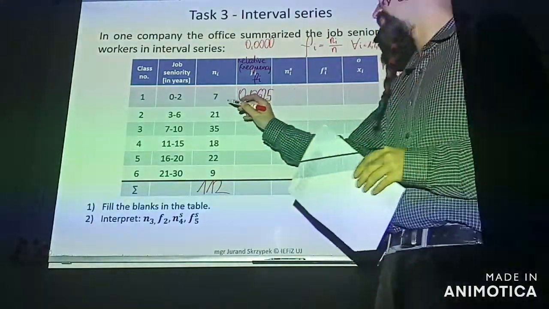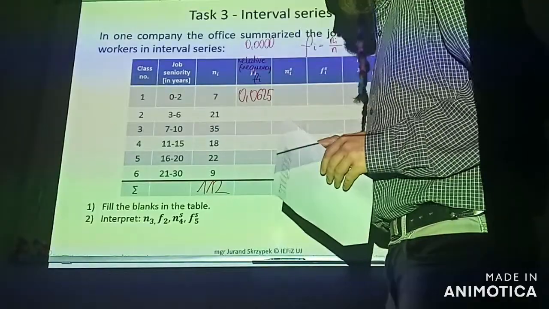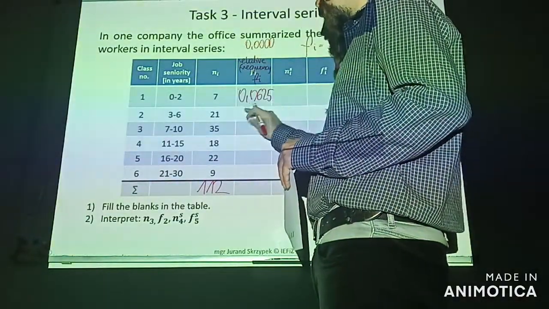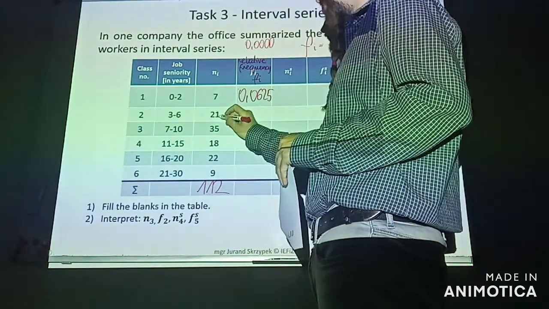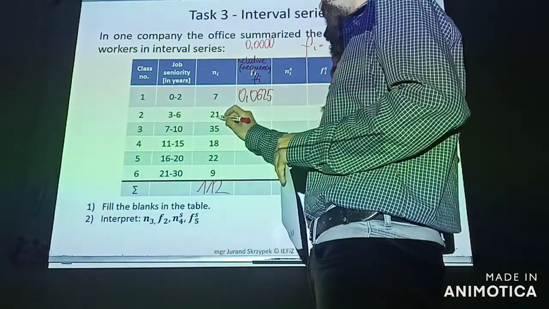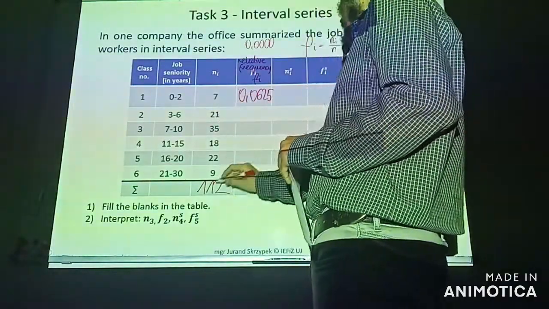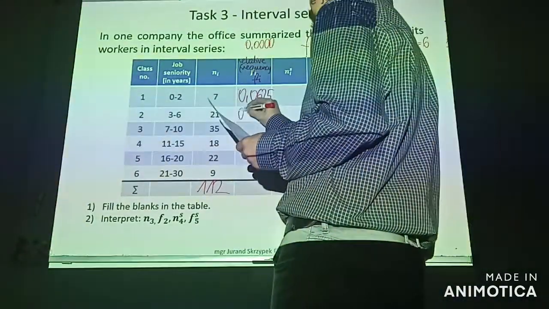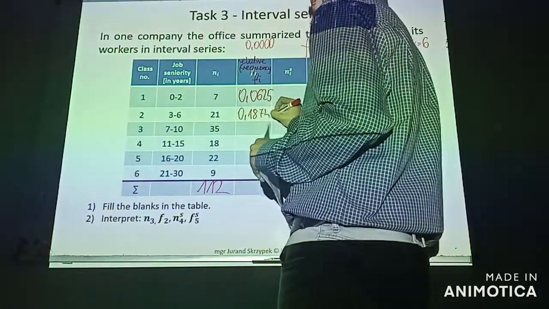This is a consequence of dividing 7 by 112. Here, in that cell, we divide once again 21 by 112, and the result is 0.1875.